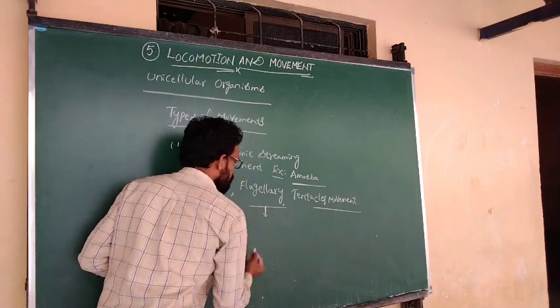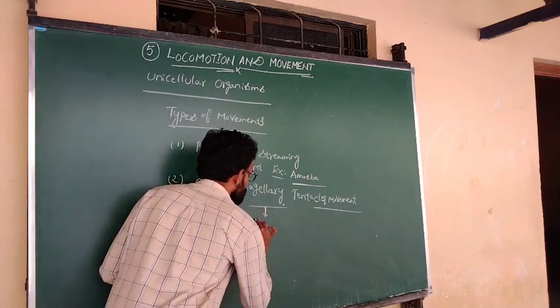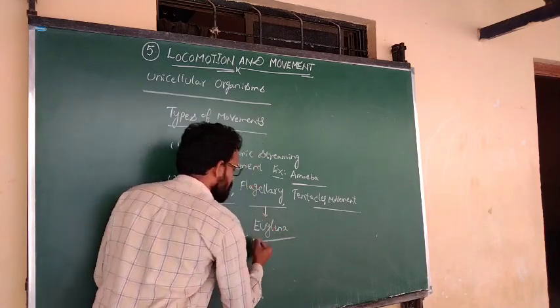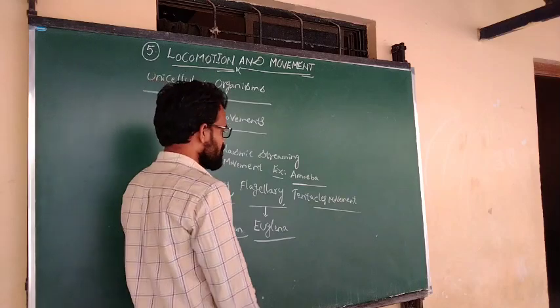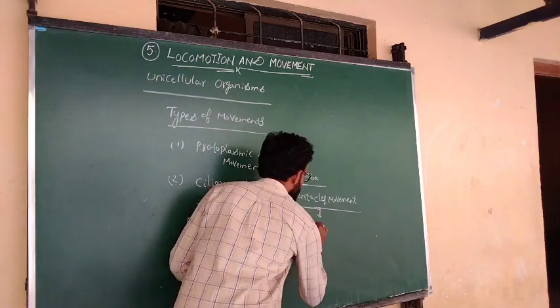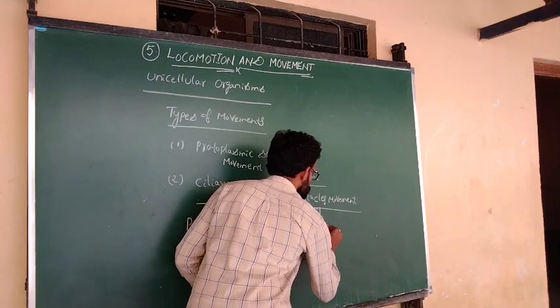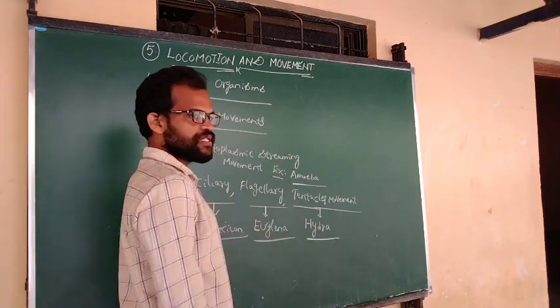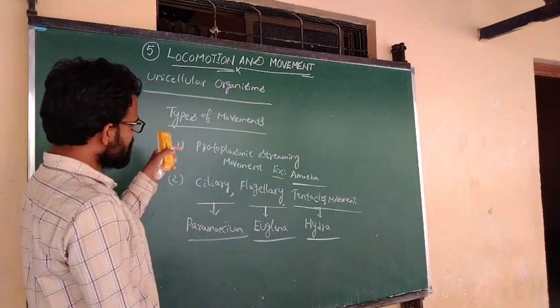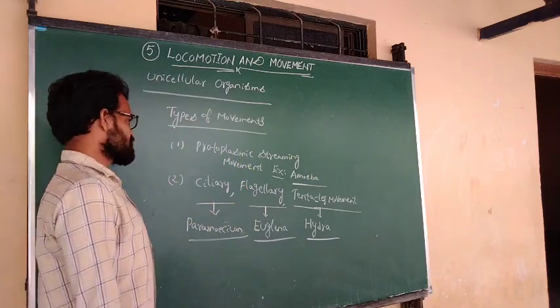The flagellary movement is observed in Euglena. The tentacles movement is observed in Hydra. These are the different locomotory organelles present in the unicellular organisms.